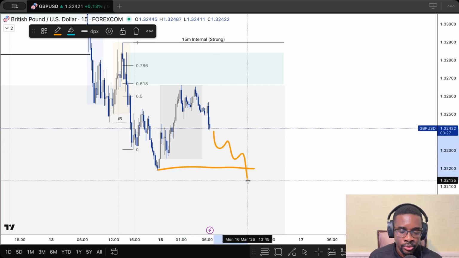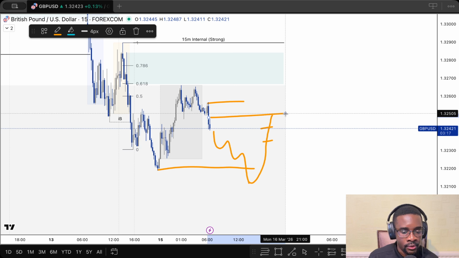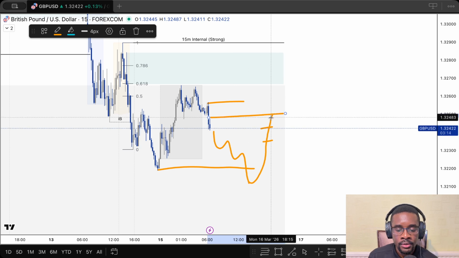Price could continue, take this area out, and then maybe we have a reaction, 1 2 3. Maybe come back to an area of supply in here. Price may not come up all the way to mitigate this.